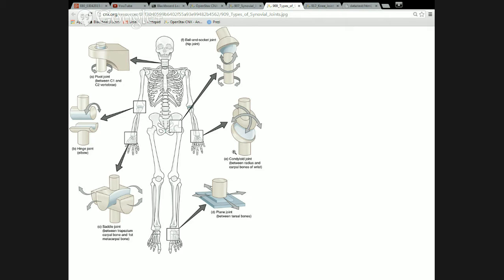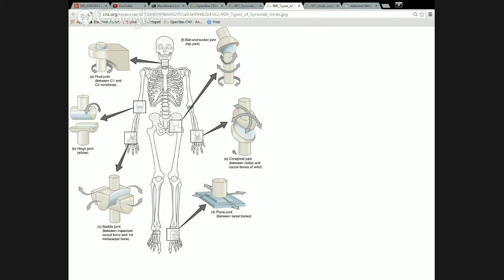So I'm going to use very vague words like back and forth at this point, but I'll point out those movement terms later on. So condyloid joints necessarily have one direction of movement that's better than the other direction of movement. That's part of sort of their definition.